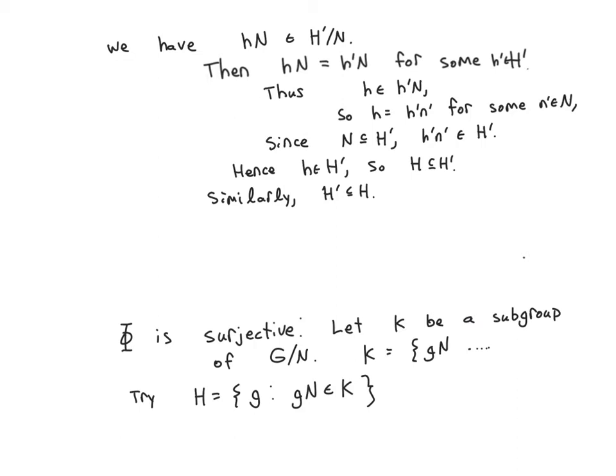Now you can go through this proof again and delete the primes where you have them and put them where you don't. And you'll discover that H prime is also a subset of H. And so, in fact, these two sets are equal. And so this map has to be injective.